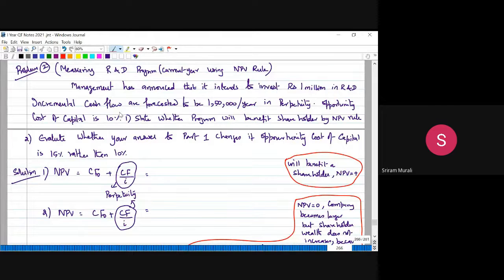I mean, we have to answer through net present value, but can it be recommended? Also, we want to tell what the impact is if the opportunity cost of capital is changed to 15% instead of 10%. So what is the CF naught? 1 million you invest, this is my outflow.